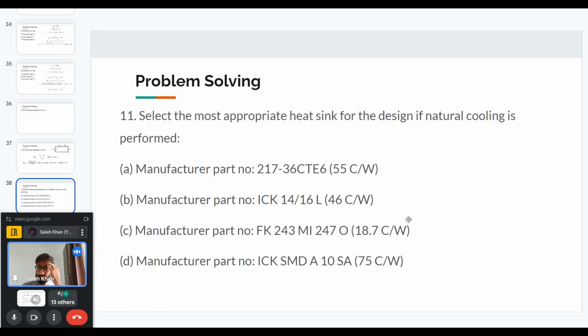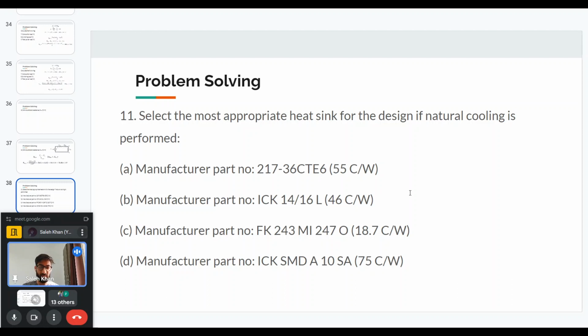Now there's another question which is asking us to select the most appropriate heat sink for the device if natural cooling is performed and we are given 4 heat sinks. These are part numbers of 4 different heat sinks, and we are also given the thermal resistance of each of these heat sinks for natural cooling.